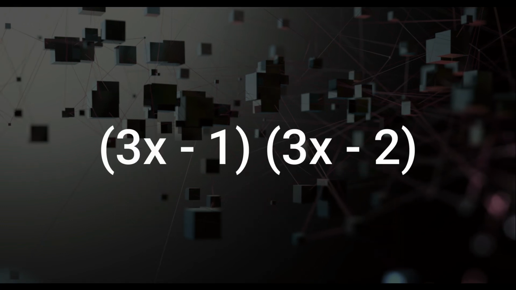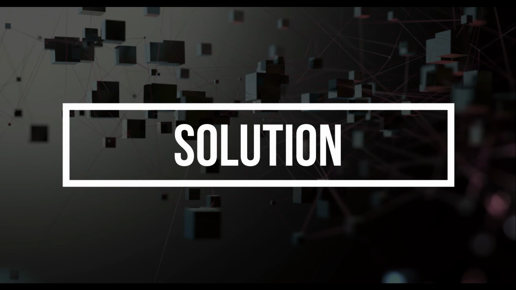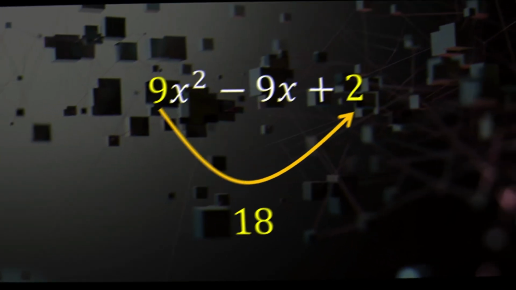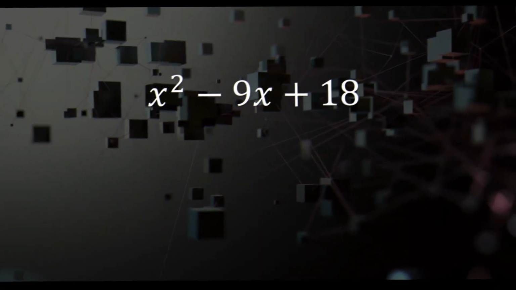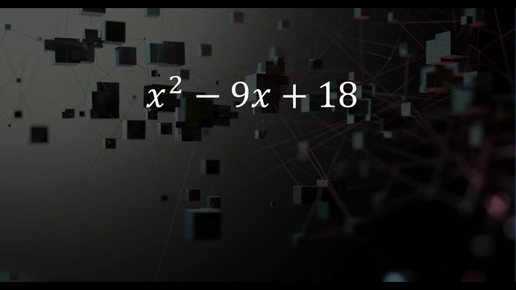The second given has factors of 3x minus 1 and 3x minus 2. The process of how I obtained this is, step 1, multiply 9 and 2, which is 18. And then rewrite the given as x squared minus 9x plus 18.